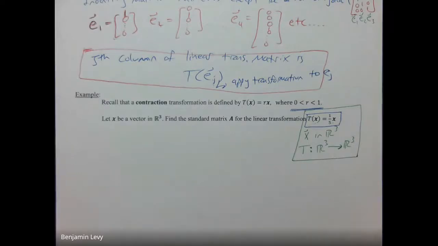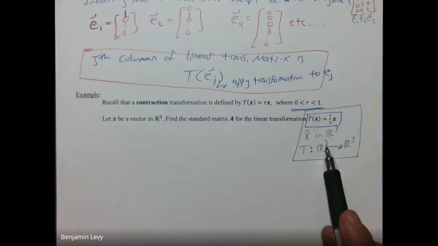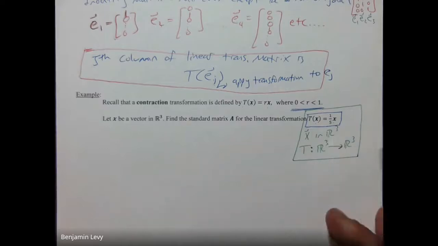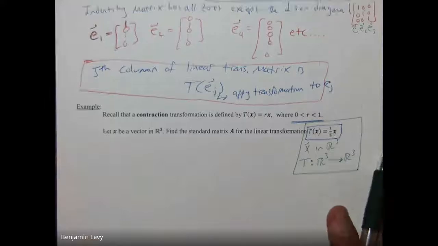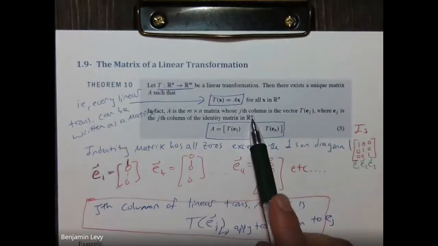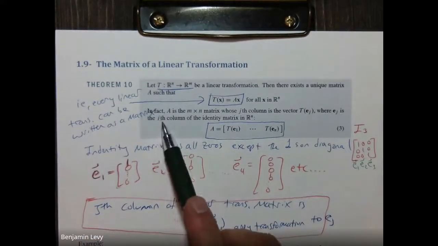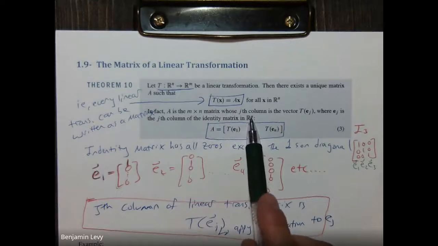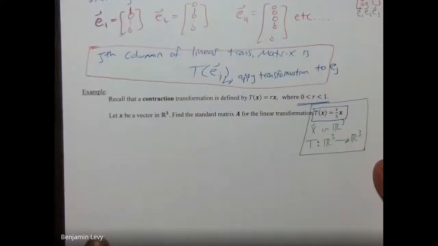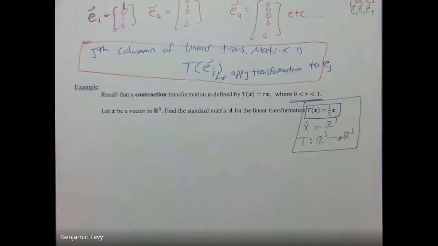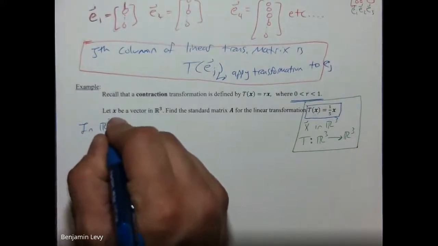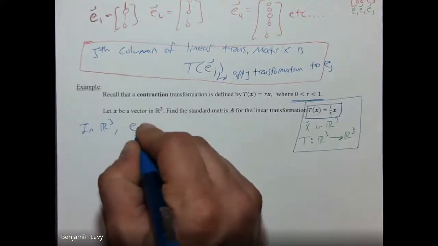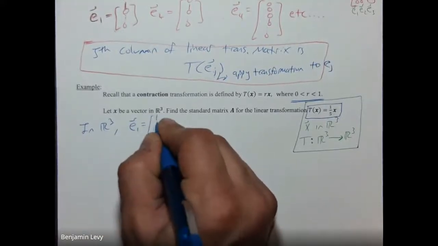Okay, so since we're in R3, we want to think about the e_i vectors in R3. I wanted to think about what dimension we're in here, because I need to know which vectors to pick for the jth column in R^n. So n is 3 in this case, and in R3, there are 3 e_i's. In R3, e_1 looks like this.